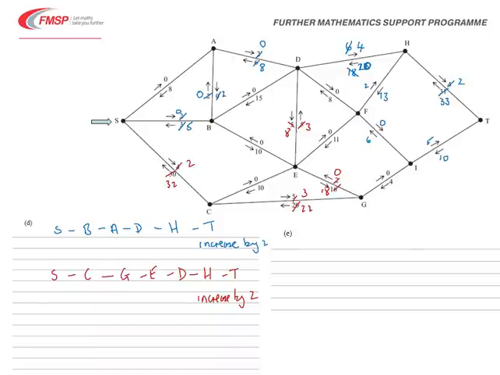Right up the top at DH, that one is going to reduce to 2, that one increase to 22, and finally 35 and 0.